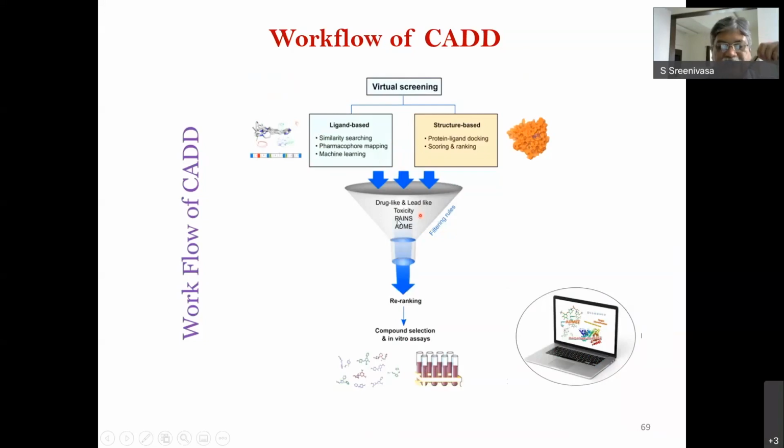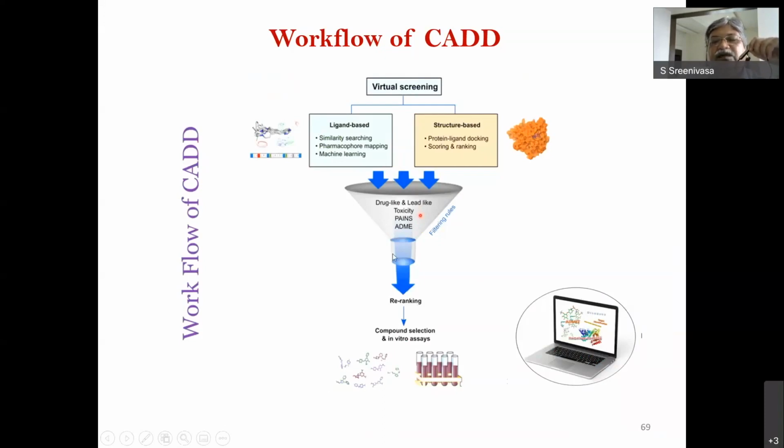Then, whether pan assay interference compounds are there. Some compounds will mimic the things. They are not drugs, but they will show some values. And ADME: absorption, distribution, metabolism, and excretion, how they are excreted from the body. All these things can be calculated using the computer.